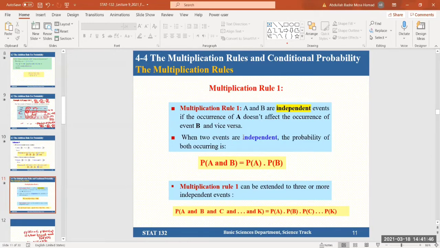In Arabic: the occurrence of A does not prevent or affect the occurrence of B. In this case, P of A and B equals P of A multiplied by P of B. For example, let's take an example. P of Ali getting success in statistics is 0.8.